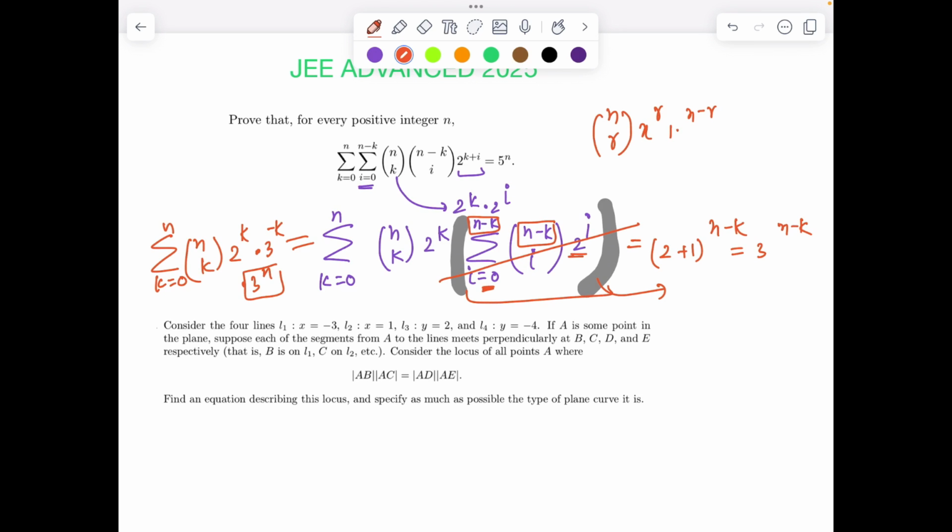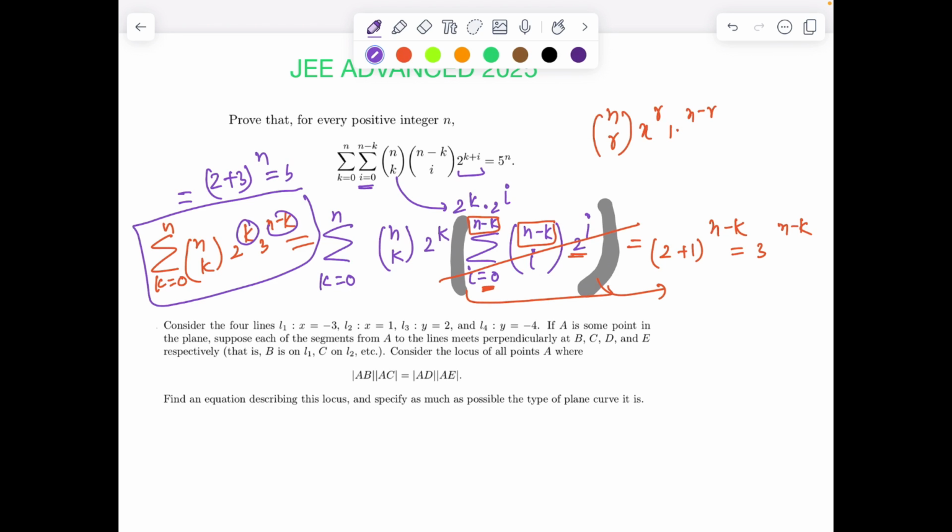So I can push 3 to the power n out and then we can play with the value of k. Or another way of looking at this is I can write 2 to the power k, 3 to the power n minus k in this format only, because that gives nCr x to the power r and y to the power n minus r, and that's directly the expansion of 2 plus 3 to the power n, because k is running from 0 to n. Hence the answer is 5 to the power n.